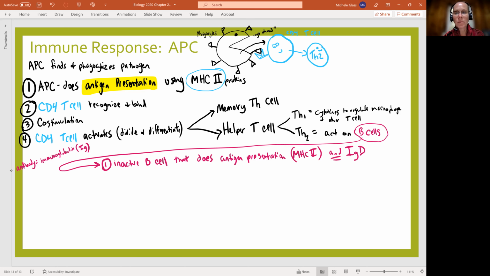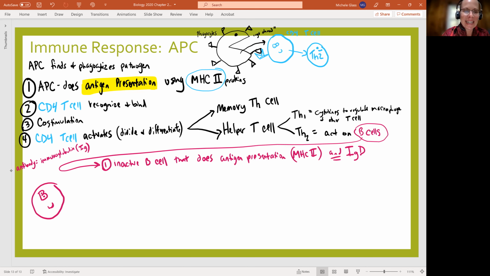When we look at a B cell, I'm going to draw my B cell just down here. So I'm going to give it a B cell. Oh, you know what I'm going to do, I'm going to use my letter B to be like the eyeballs. Looks weird. And smiley face.